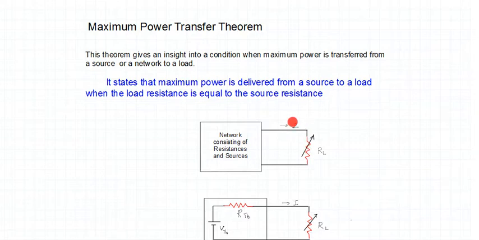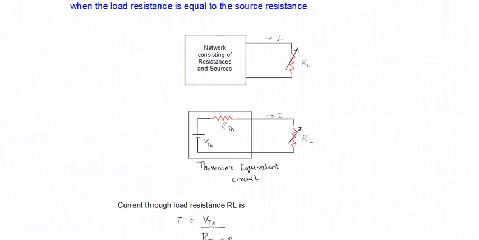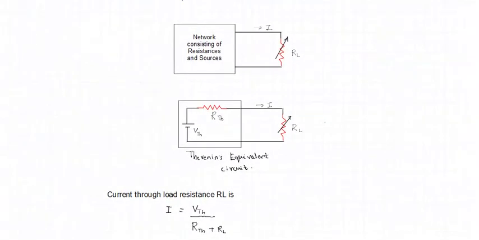So for that, let us first of all resolve the given network into a simplified form by replacing the network by its equivalent voltage and equivalent resistance. So we will find the equivalent resistance of the circuit RTH and equivalent voltage VTH of the circuit. Once we represent all these network elements by a single voltage source and a single resistance, we can easily find the current.